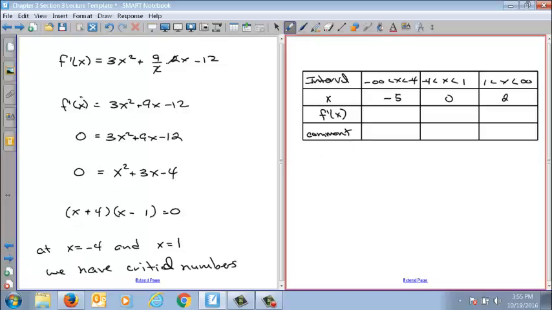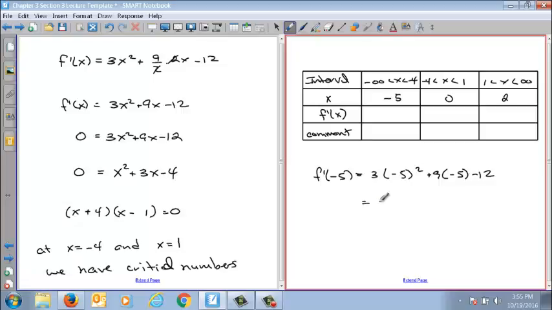So then I go back to the equation for the derivative and evaluate the derivative at these x values, which are inside these intervals. For the first derivative at negative 5, I get 3 times negative 5 squared plus 9 times negative 5 minus 12.